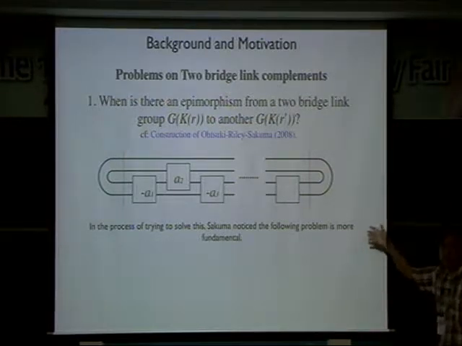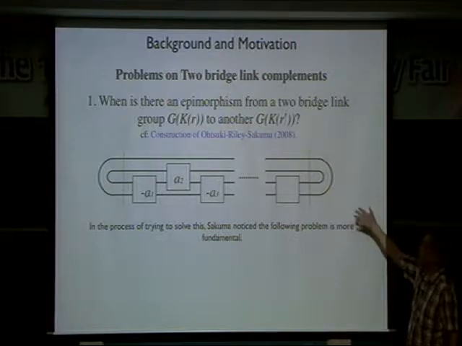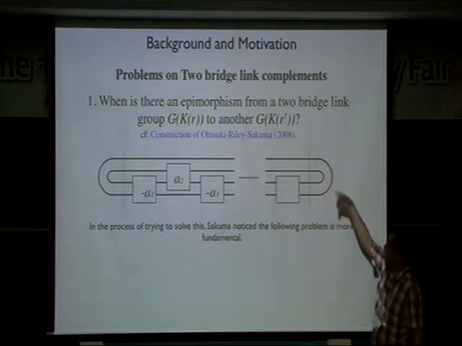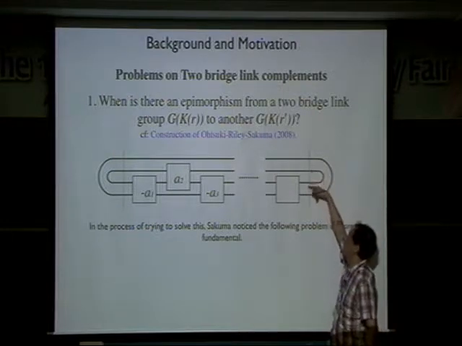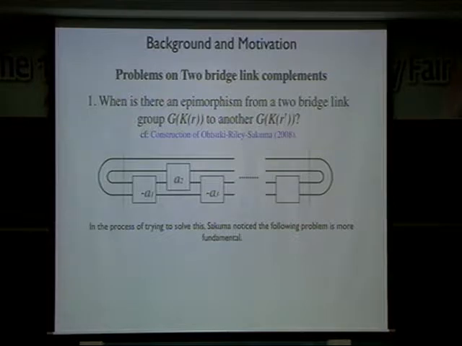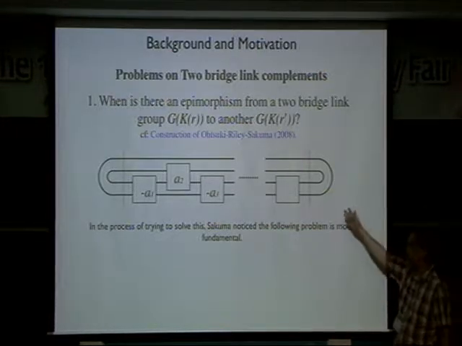And in the process of doing that, they used some fact concerning the curves on this surface, which is called the Conway surface. They gave a criterion for curves on the Conway surface to be non-homotopic in the knot complement.